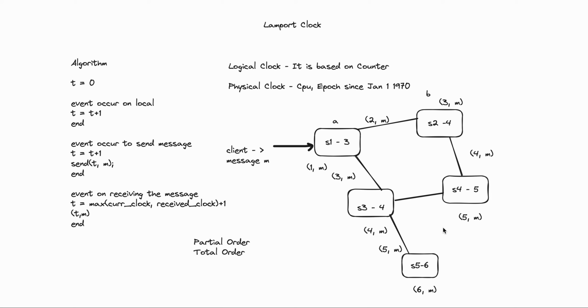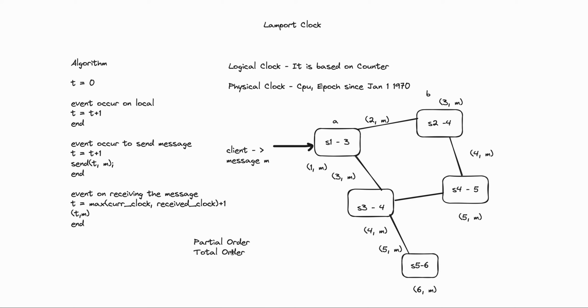So partial ordering cannot be achieved when two nodes have the same counter, for example the same timestamp 4 comma m and 4 comma m. It cannot be done with the Lamport clock. We can do it with a vector clock, so we'll see in the next section how to do it.